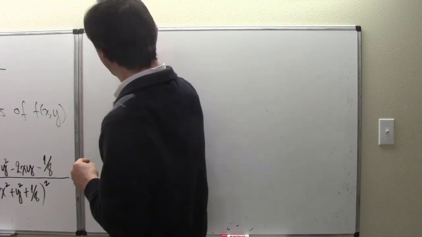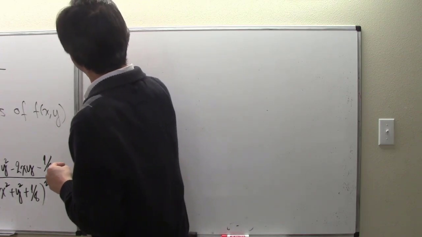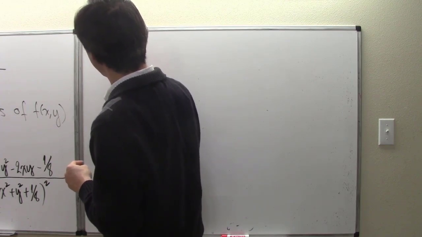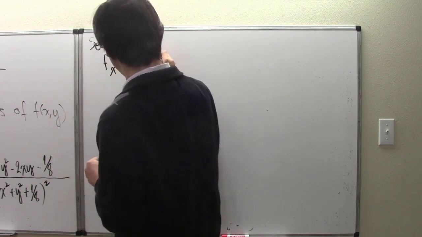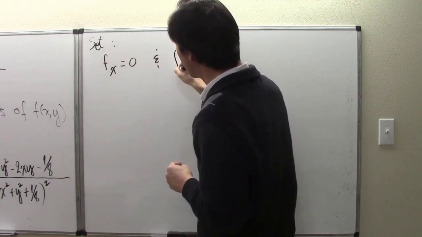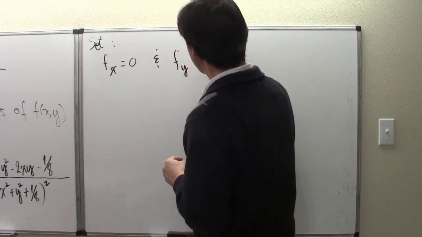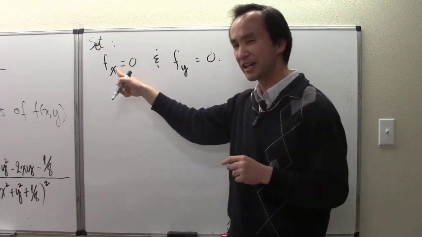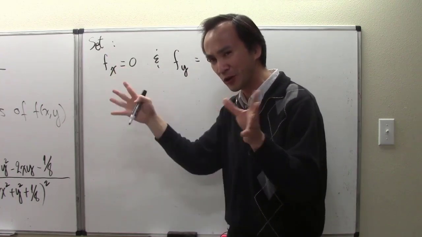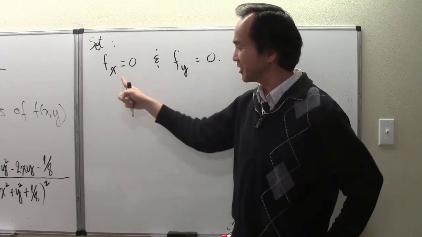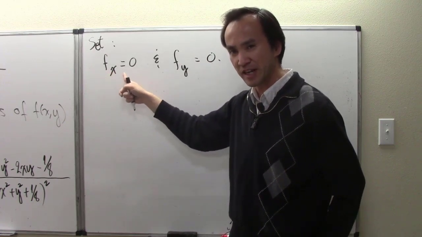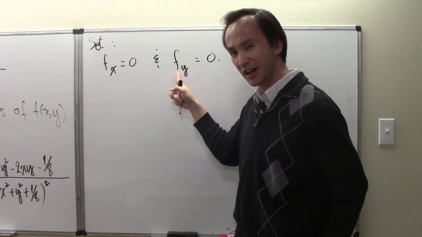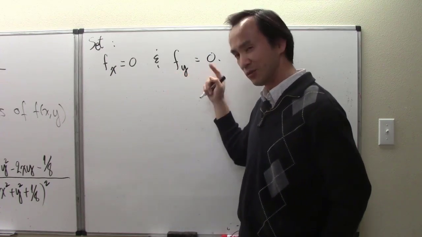So in that way, we are setting the partial derivative with respect to x to equal 0, and at the same time, we want the partial derivative with respect to y equal 0. This is what we purposely set, for finding all of those (x, y) points satisfying f sub x equals 0 and simultaneously f sub y of (x, y) equals 0.